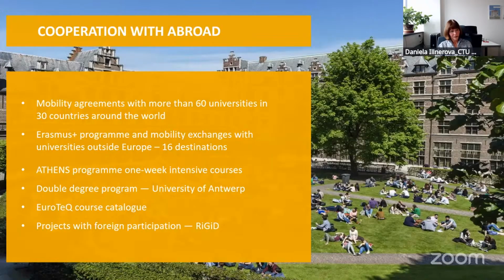Cooperation with abroad. The Czech Technical University and our faculty have agreements within the Erasmus Plus program. It means you can go for 1 to 2 semesters to almost any European university.